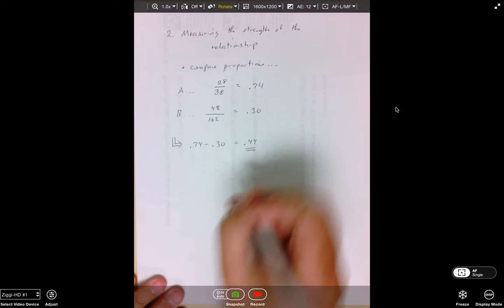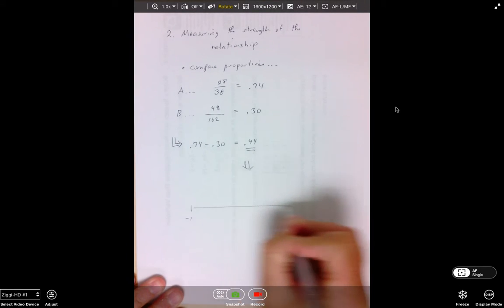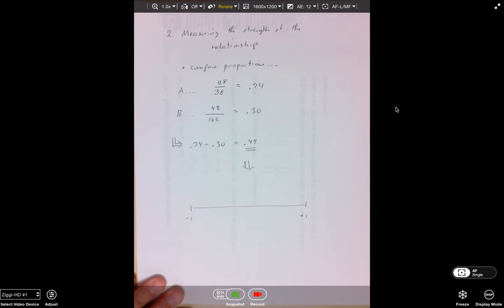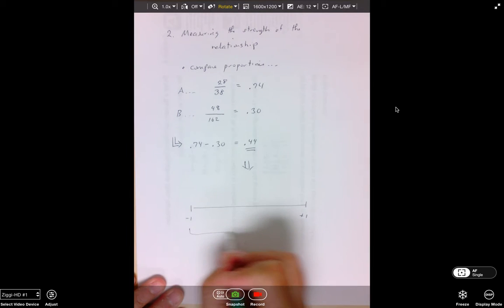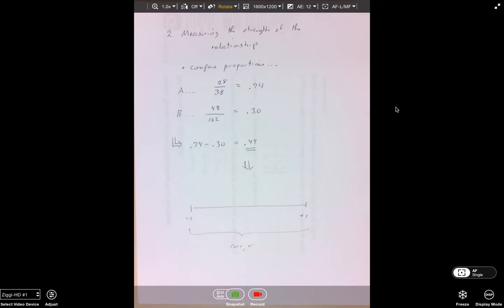Now, the cool thing about this is these differences in proportions will always fall between -1 and +1, which to me is really cool because this is the range of outputs for the correlation coefficient R if we're examining the relationship between two categorical variables.